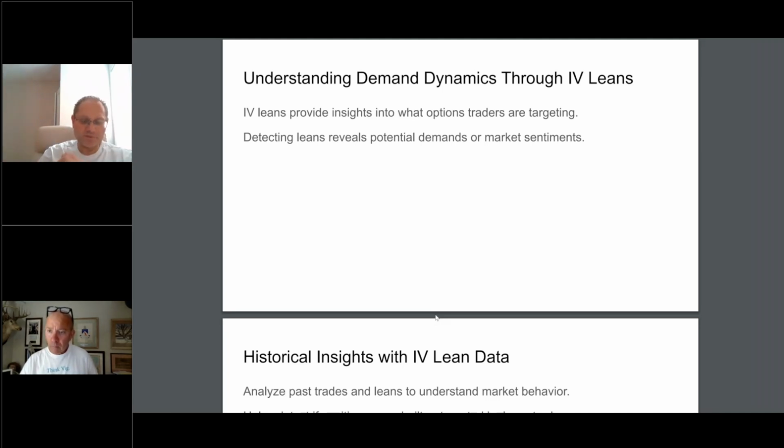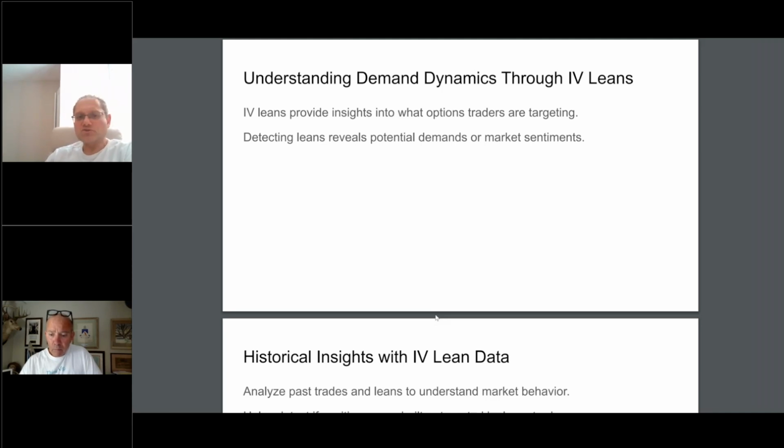So you see this big pump in the implied volatility, and you're seeing an unusual amount of trading volume. That could indicate that there's some kind of demand out there for a particular option, something to look at or investigate, something to consider in your overall research and assessment of the options trading volume.